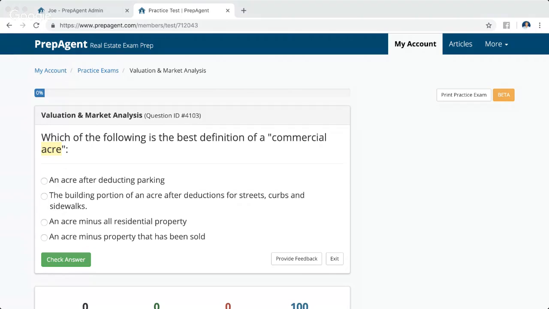And last but not least, we mentioned this. How do you do the gross rent multiplier? Price divided by rent.